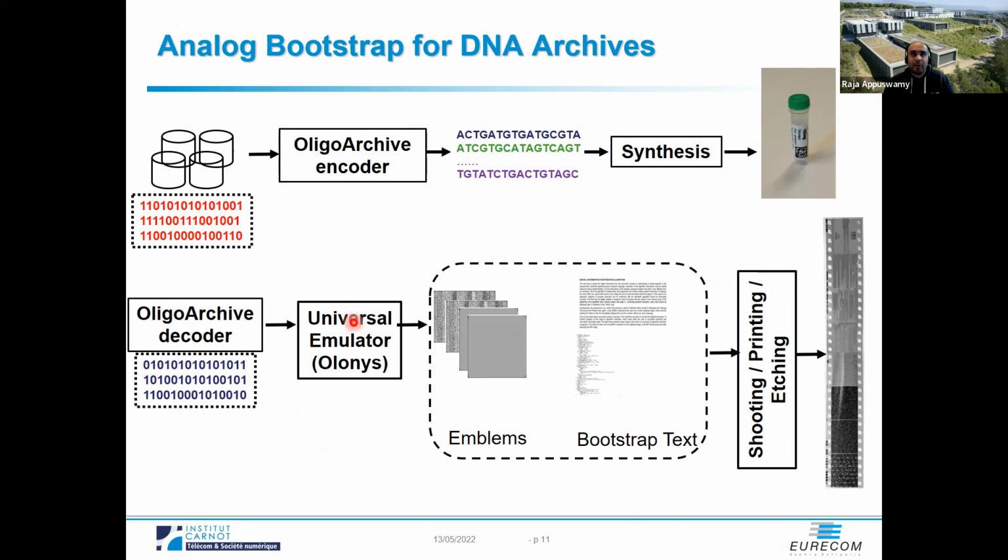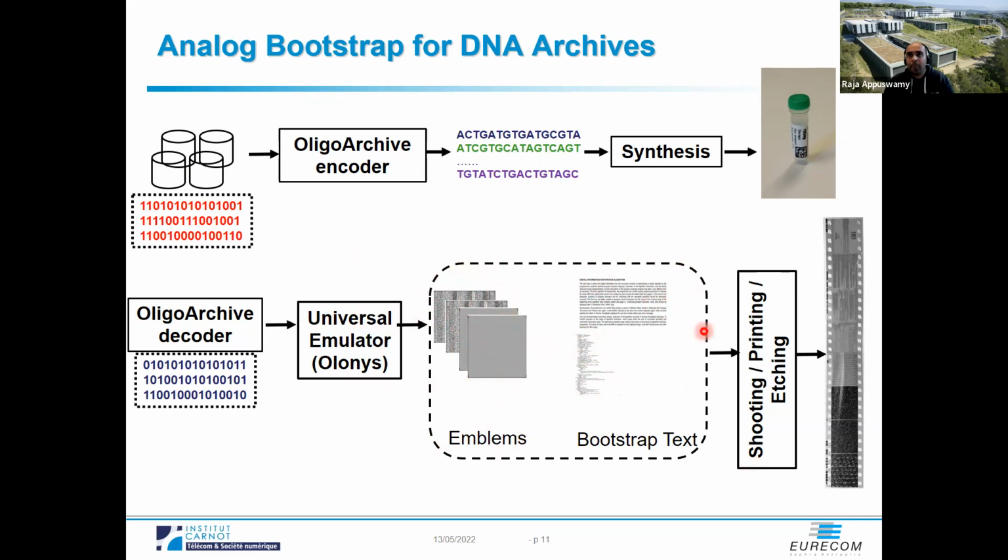We want to pass it through something called a universal emulator, okay? Bear with me, you don't have to worry about what this is. It produces a bunch of barcodes like this. These are called emblems. It also produces a bootstrap text, some 1, 2, or 4 pages of text. There is pseudocode inside this, and then there's a bunch of barcodes.